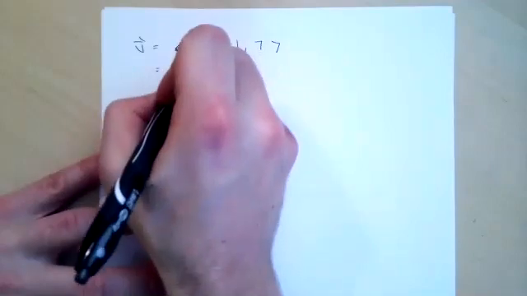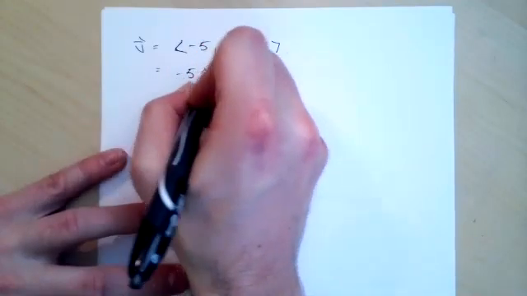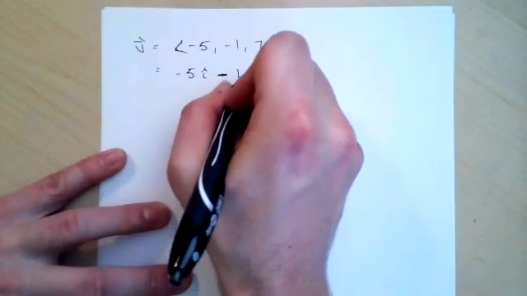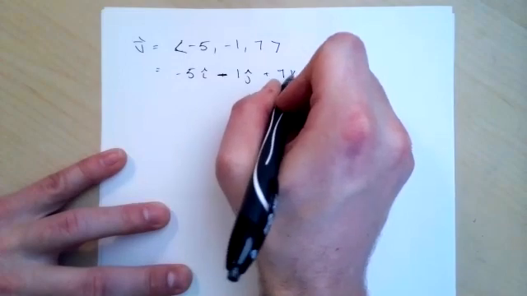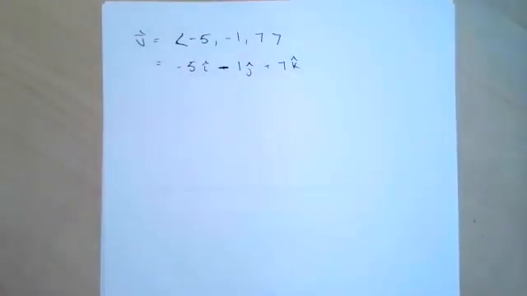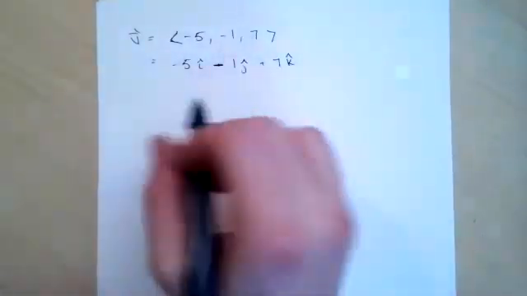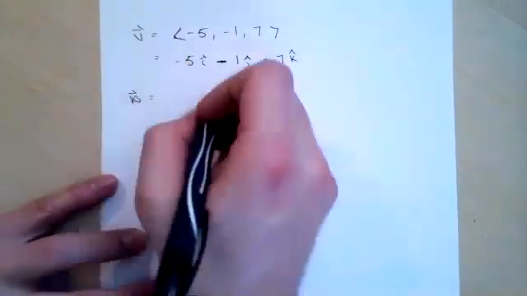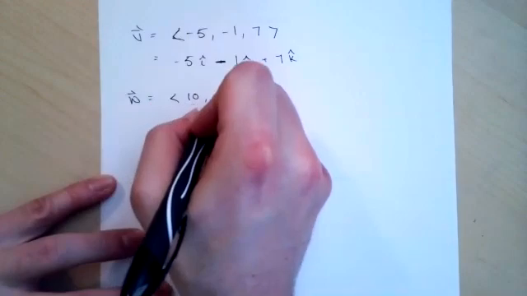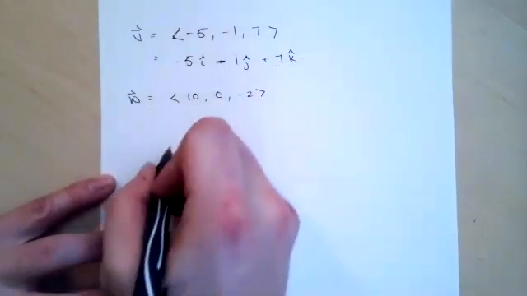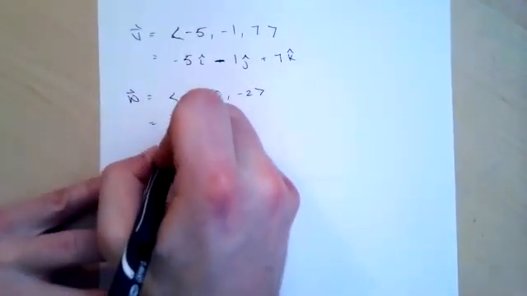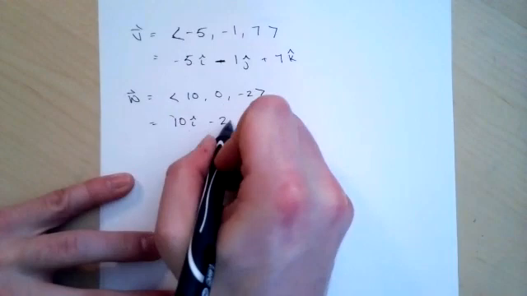We often write it as -5 i hat, or just straight -1 j hat, plus 7 k hat. So this one's a little more to write. It does come in handy if we have a vector that has zeros in it. For example, if you have a vector that's ⟨10, 0, -2⟩, when we write that in terms of our standard unit vectors, we can write that as just 10i minus 2k.